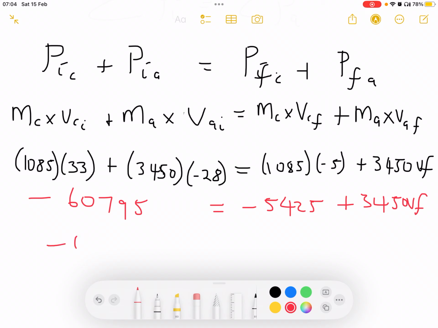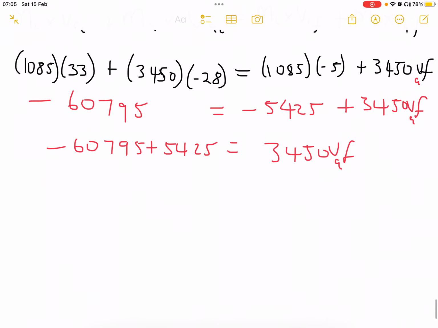And when we take negative 5,425 to the left, it changes sign so that it becomes a plus 5,425, which equals 3450 VF. Do we call it VF or VAF? V of ambulance, final. Right.